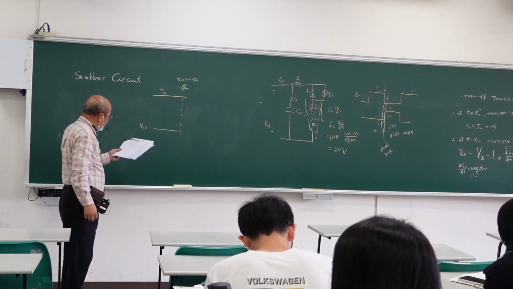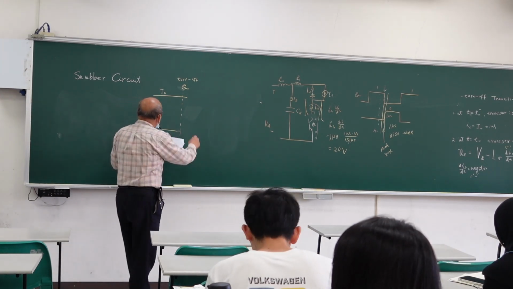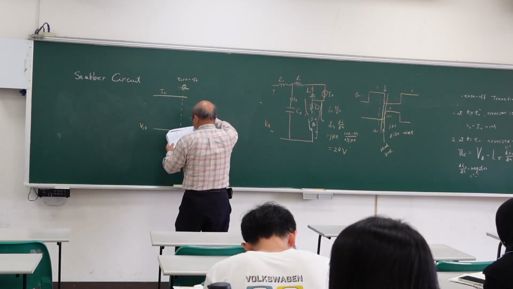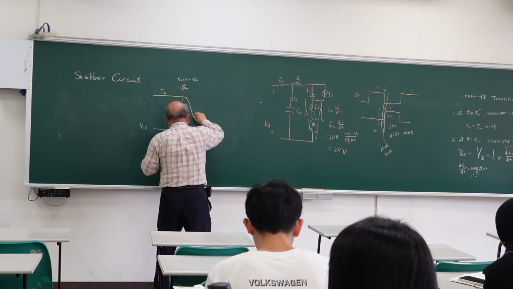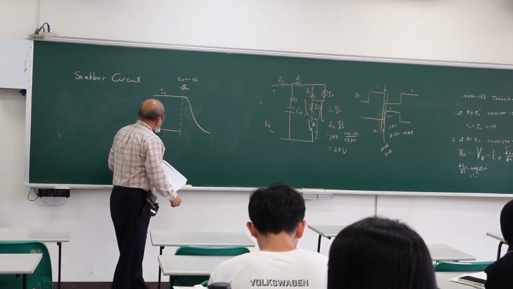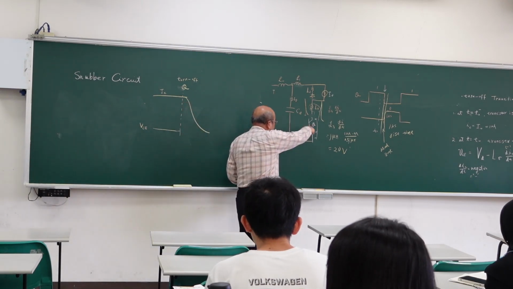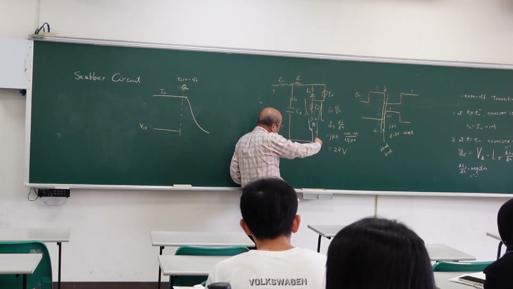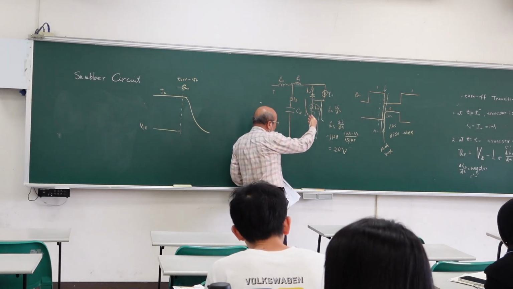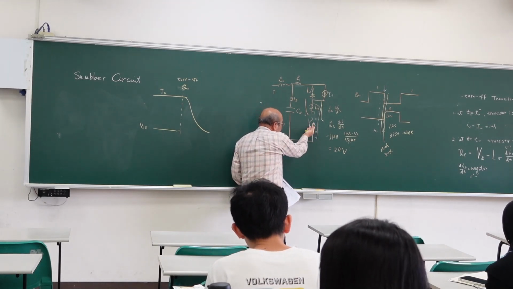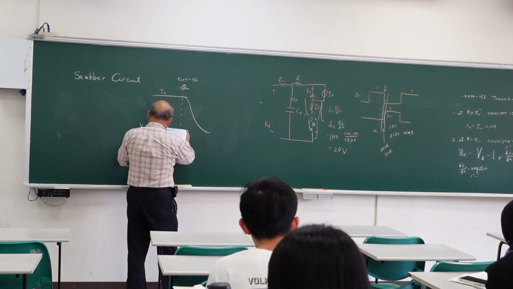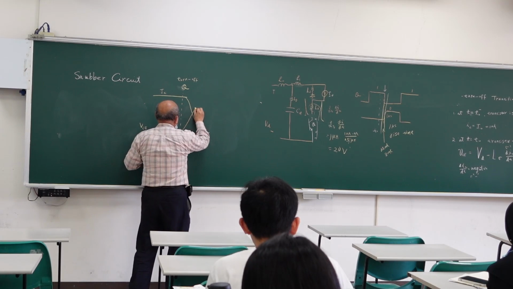If we turn off the device Q, then the device current decreases. It takes some time. And if the current decreases, Q gradually turns off, right? If Q gradually turns off, then the voltage increases.